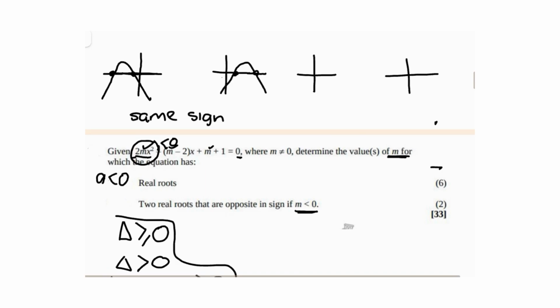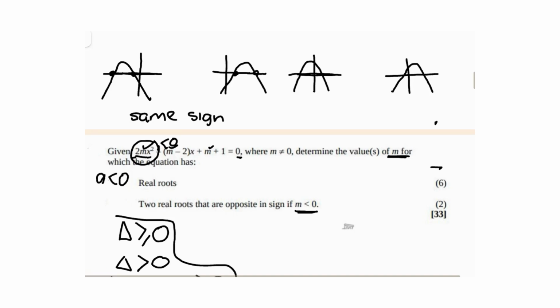Okay, and then what happens when they say opposite signs? It means one x-intercept is negative, the other one is positive, or vice versa. So let us start with where one is positive and one is negative. Let's say you have something like that, or maybe you have something like that.